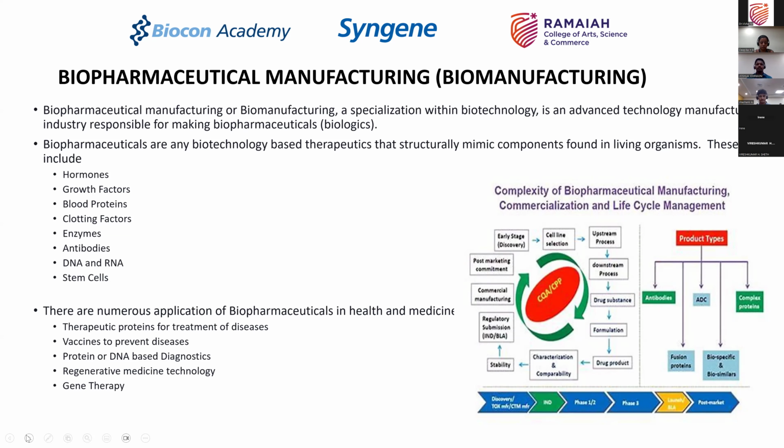So, let's take an example of one of the oldest biopharmaceuticals which was available, which is insulin. Insulin is used for control of diabetes and sugar levels within the body. It was extracted out of cow, bovine, and from pigs, and administered to patients in history till a biotechnology based process was found.